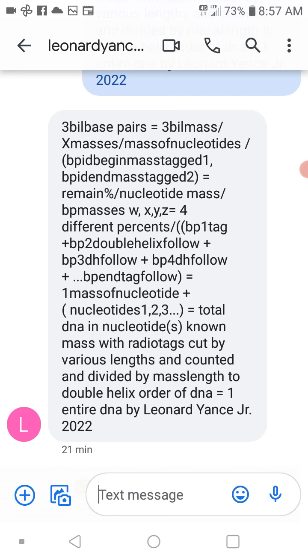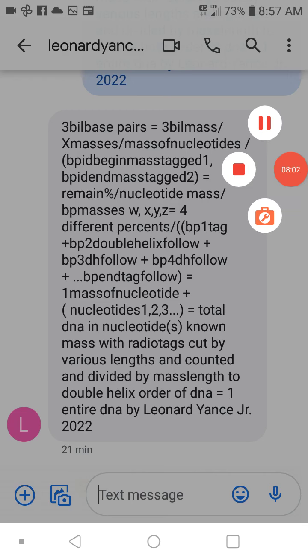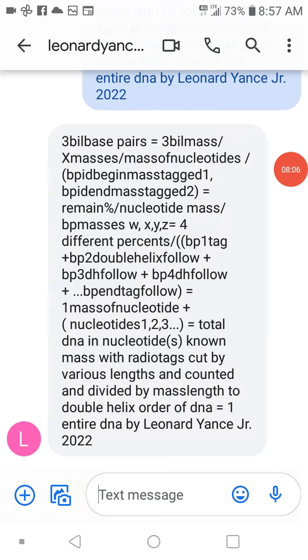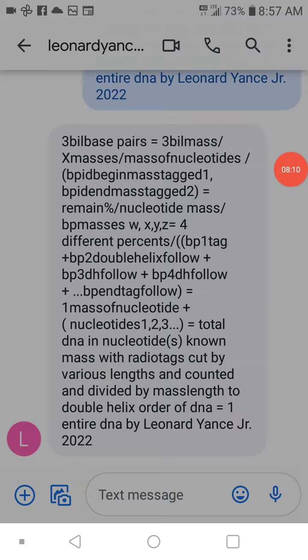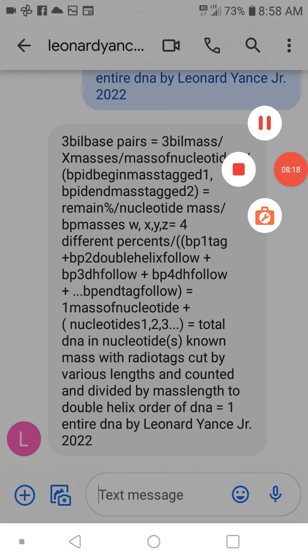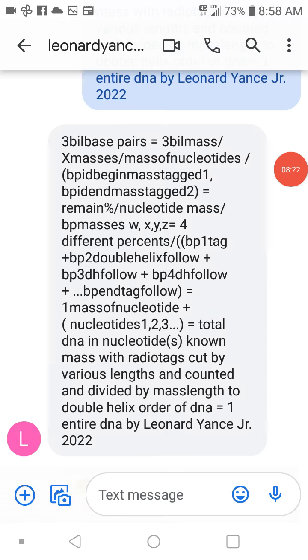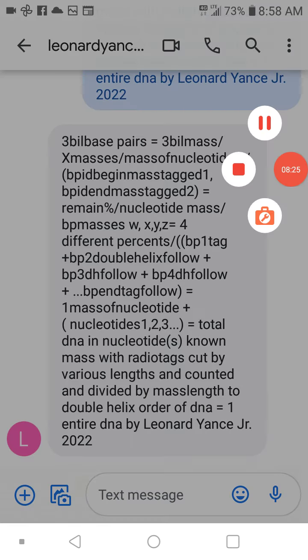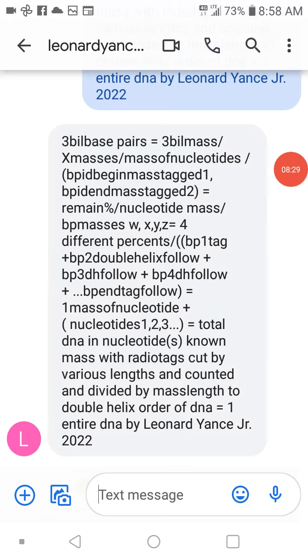But this is exactly how you identify the algorithm in a computer sequence of the measurement of DNA after you use the DNA throughput to measure the tagged nucleotides, and then you calculate the base order of each nucleotide, and then you sum the nucleotides up to equal the entire DNA.